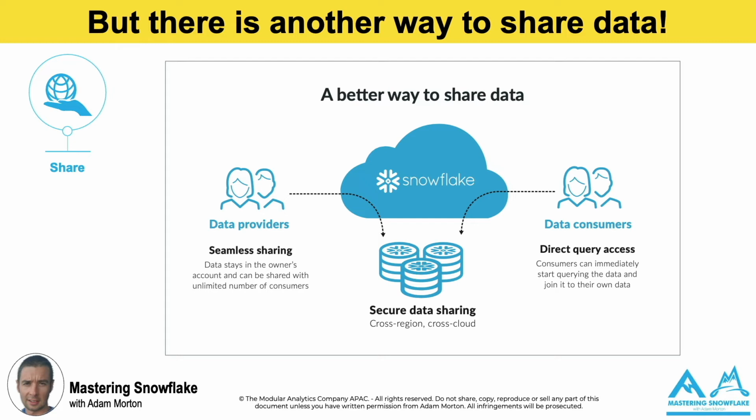There's no data movement, so as soon as you as the owner of the data refresh it, it becomes available directly to those data consumers. They can then easily and quickly consume that data using native SQL code as well as joining it with their own data. So the challenges involved with using APIs and SFTPs and shipping files around the network, along with the overhead and points of failure, all of that's gone now because data movement is eradicated from the entire process.